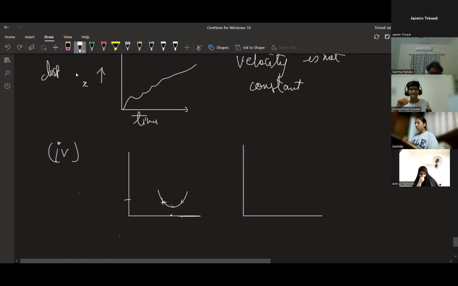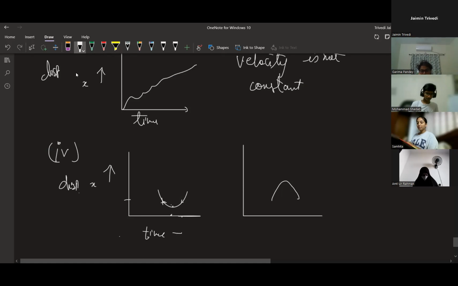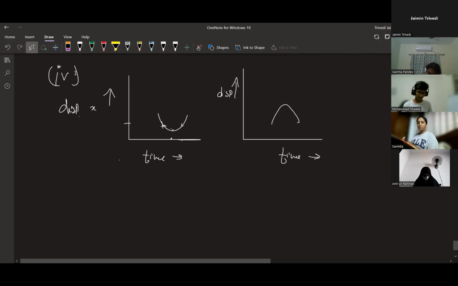Okay. Now in this one, the same way, I can draw this reverse one. This is the same as a displacement and time graph. Especially this graph is for velocity, just for velocity, it's for acceleration.